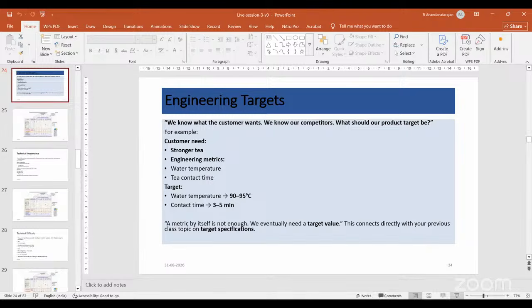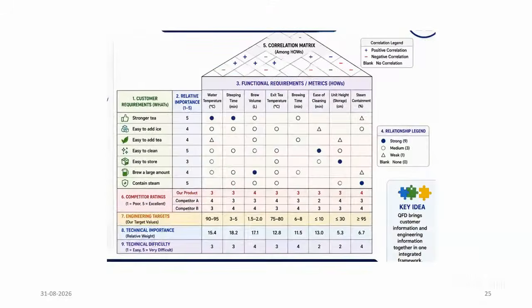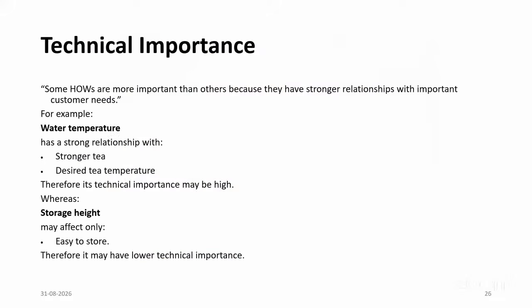So till engineering targets we have completed. Moving on to the next step, that is technical importance and technical difficulty. So technical importance tells us which is more important. That is, there are so many metrics, but we need to know which one is more important among all.